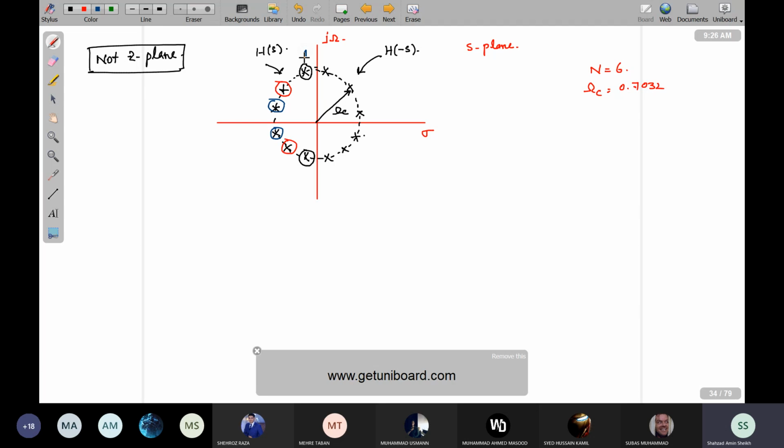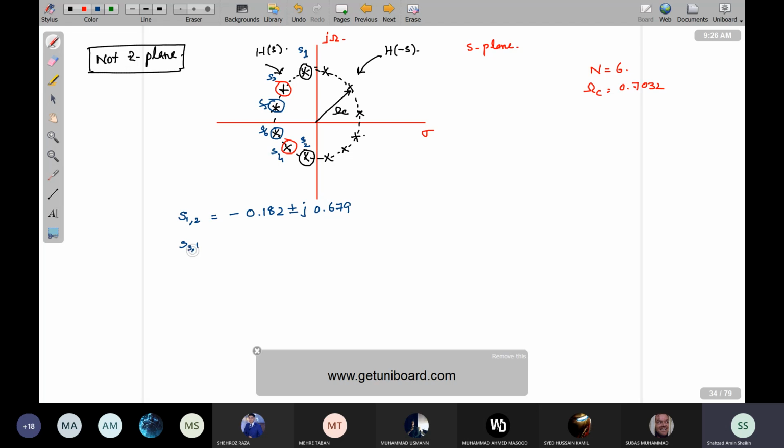If I call this S1, its pair is S2, then S3 and S4 are a pair, and S5 and S6 are a pair. I am interested in these poles, of course, because they are the poles of H(S). If I calculate, S1, S2 equals minus 0.182 plus minus J 0.679. So this one is minus 0.182 plus J 0.679, and this one is minus 0.182 minus J 0.679.